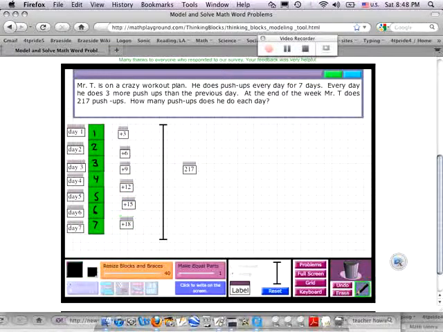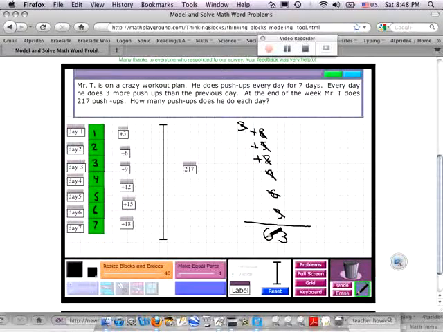I'm going to add these all up, and I'll start with the biggest: 18, 15, 12, 9, 6, 3. 18, 33, 45, 54, 60, 63.